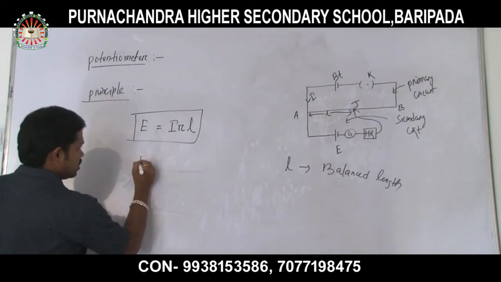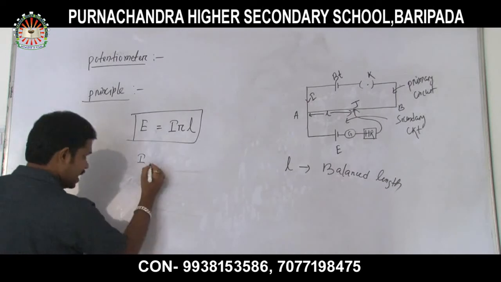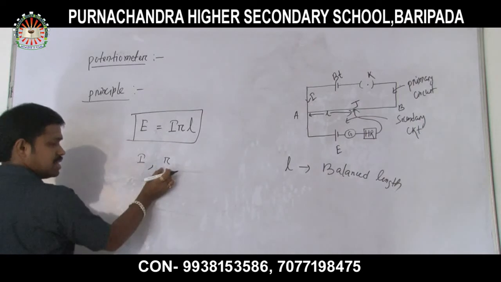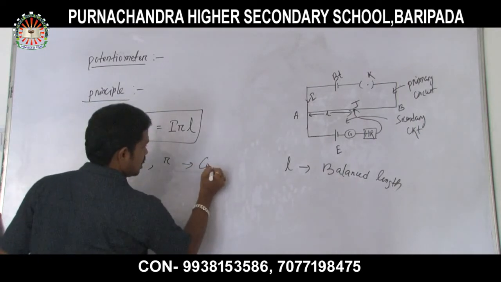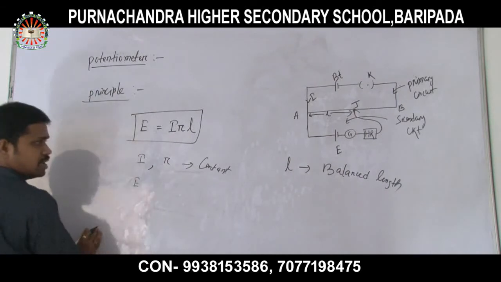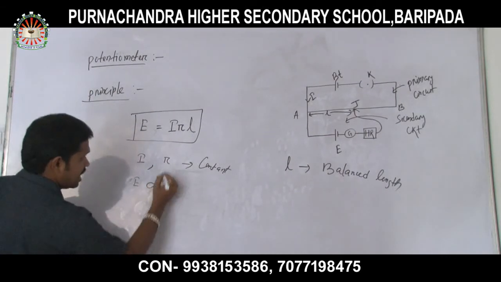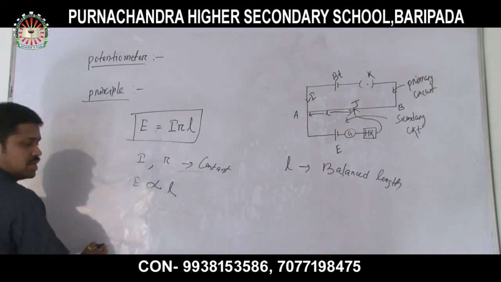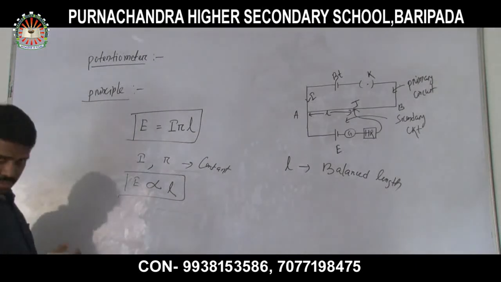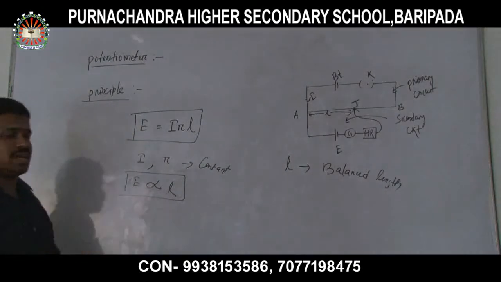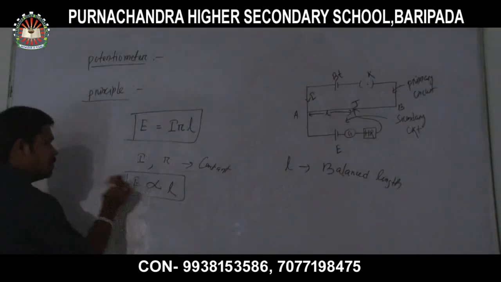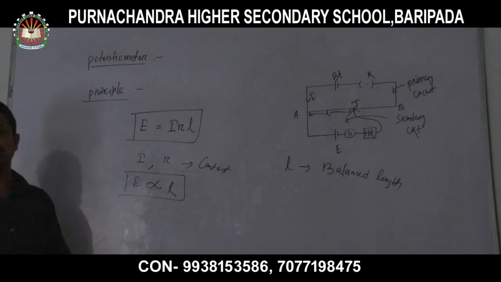In this, the current I and the resistance R are constant. So E, that is EMF, is directly proportional to the balanced length. As the length changes, it is very important, your EMF will be changing.